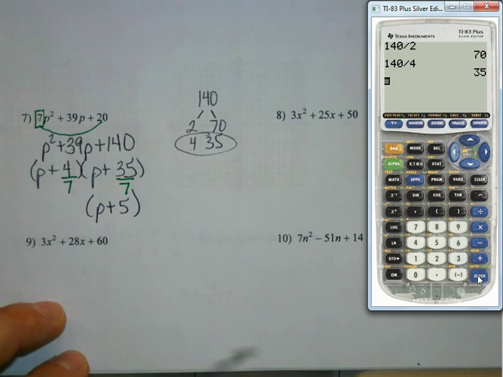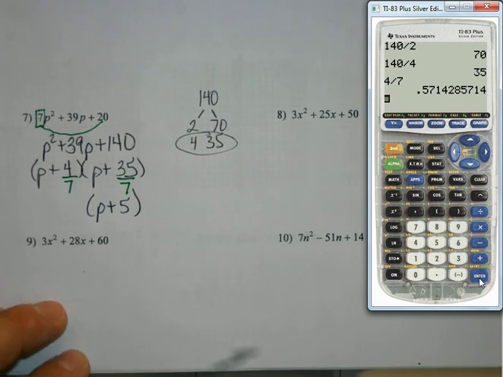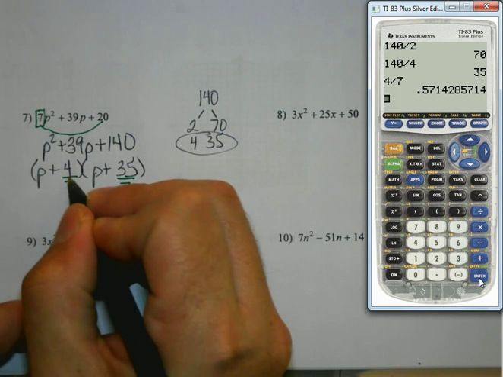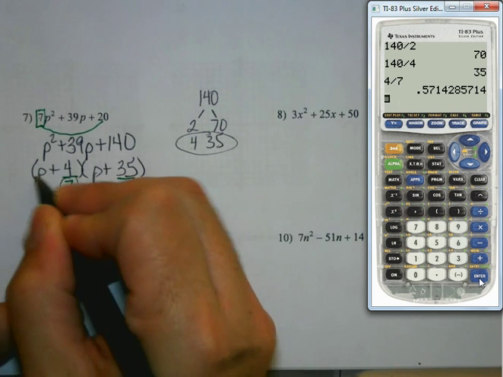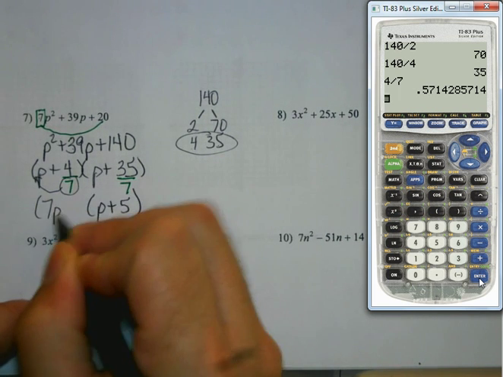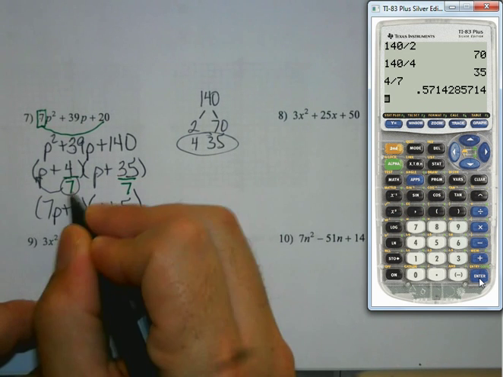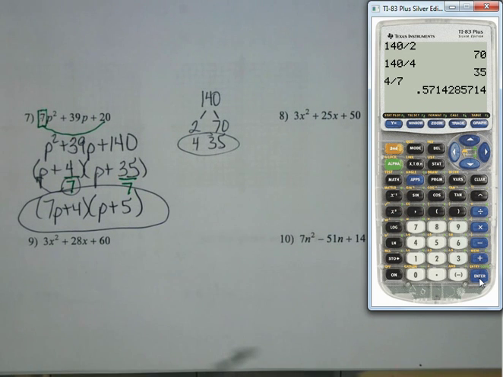Cool. What if it doesn't go in nice? What if I punch it in my calculator and I get a decimal? Do I write that? No. Do I leave it as a fraction? No. Yes, it swings back to the front, goes in front of the p, and I get my answer.